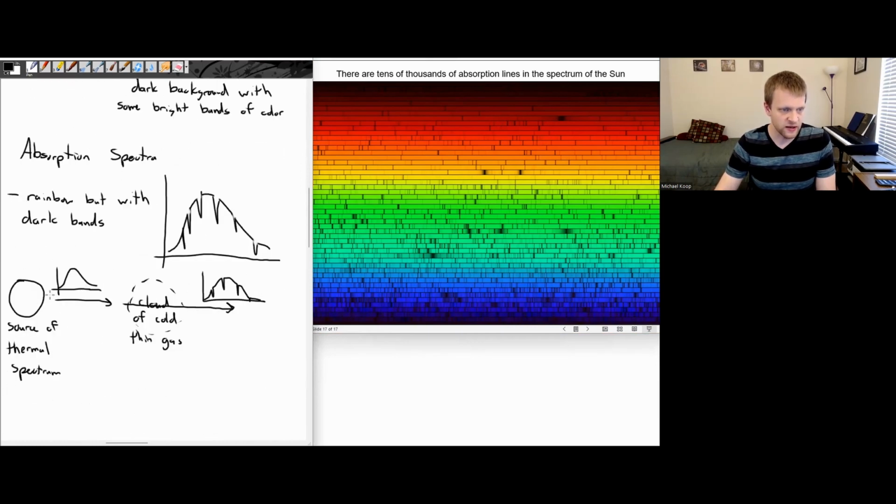If I have a cold gas in front of a hot, dense source, I'm going to make one of these absorption spectra. We know how to make these spectra. We can use them to identify very particular elements. Those are some of the key properties of spectroscopy that I wanted to emphasize for this particular session.